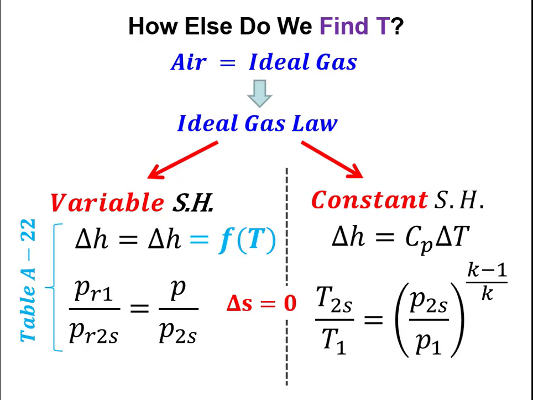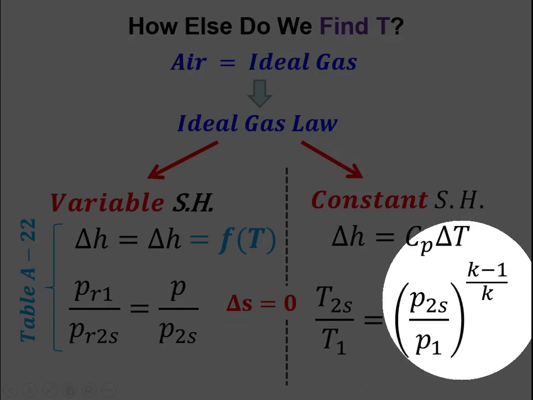If we're looking things up on table A-22, we'll be looking for pressure ratios, often called compressor pressure ratios, which is not easy to say. And we'll look at the ratio of the pressures being equal to the ratio of the reduced pressures when we look on table A-22.